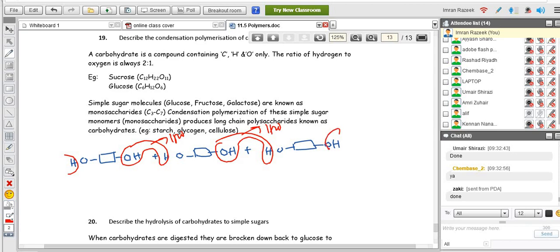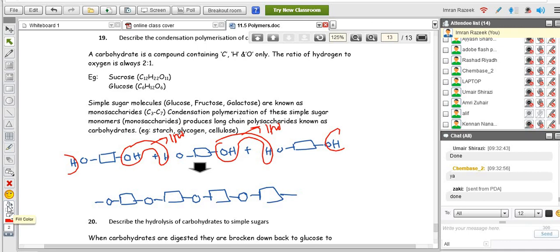So at this end, the OH is removed, and the structure of the polymer will look like this. You have the O like this. The box is a complex structure, so I'm going to end the polymer with a dash, because if OH is removed at one end, the OH at the other end will be removed too, right?